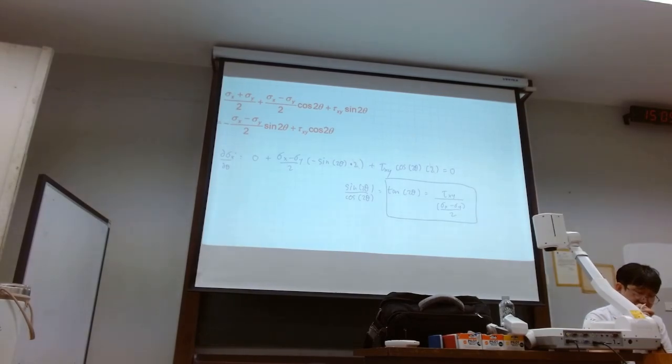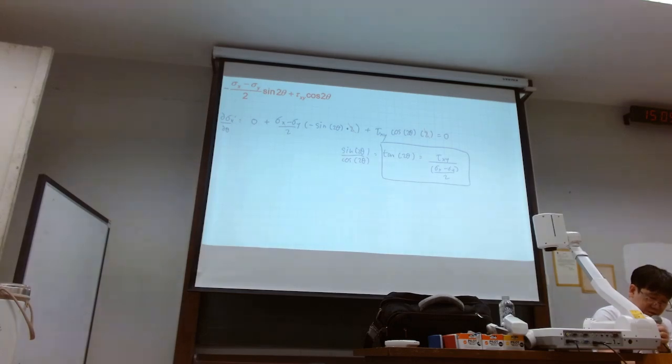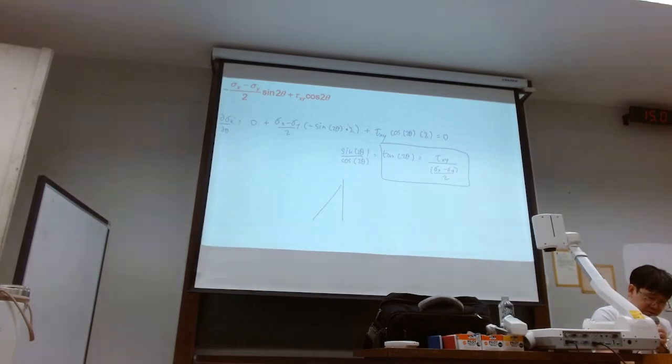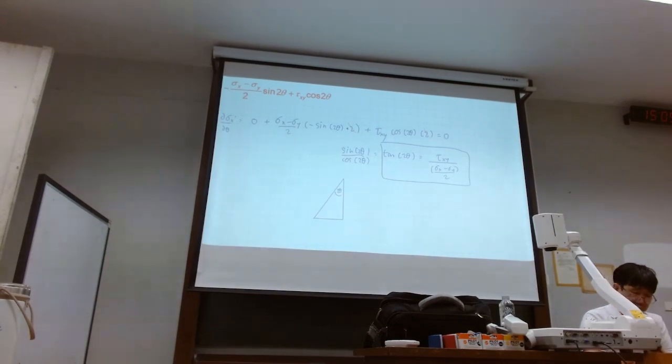So this is going to be the relationship that gives you the maximum value of the sigma x prime. So I can draw the triangle for this, and if we say that this is 2 theta, tangent would be tau xy over sigma x minus sigma y over 2. We're going to be calling this r.